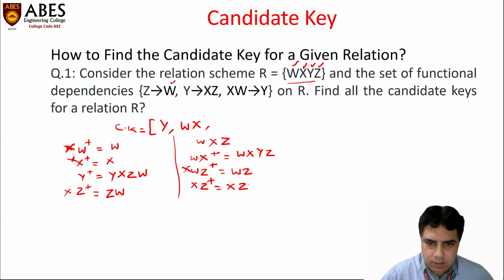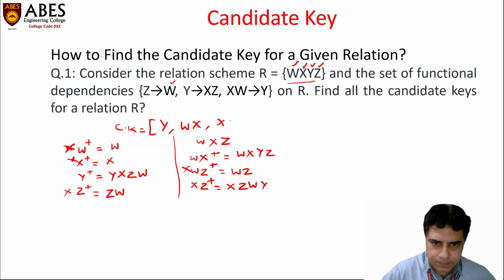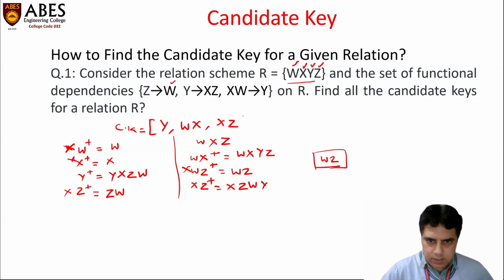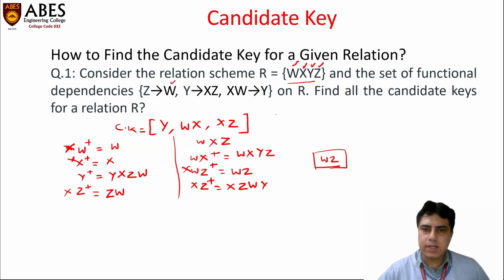From Z we can determine W, and from XW we can determine Y. So this is one more candidate key, XZ. Now the failure is only WZ. There is no other pairing. So there is no other candidate key. So this is the final answer. These are the candidate keys of the relation R.